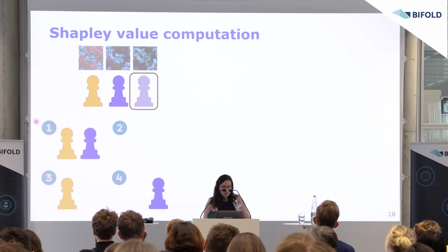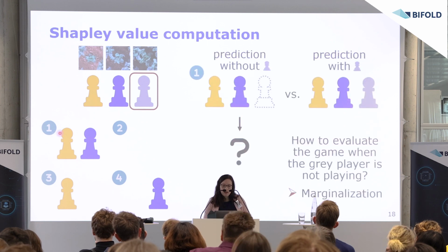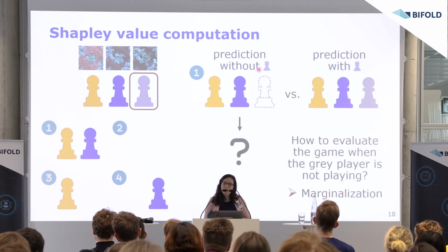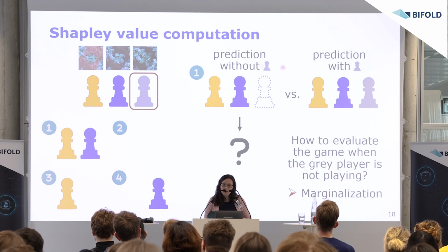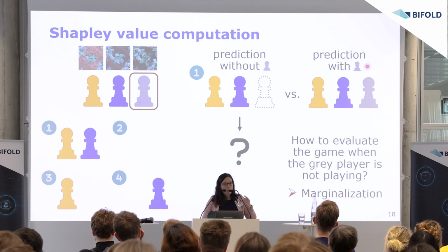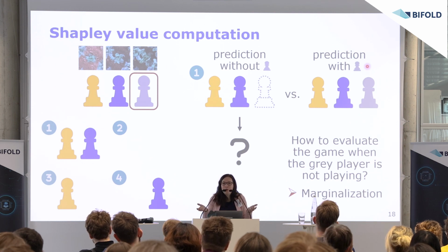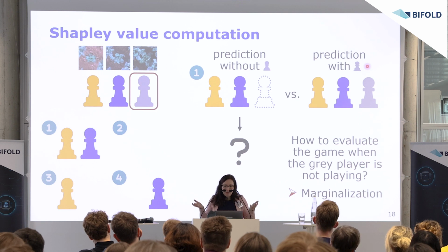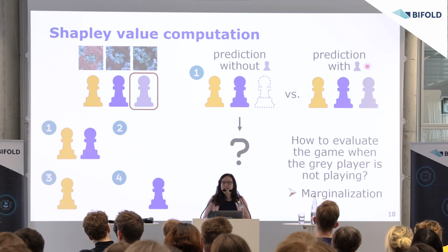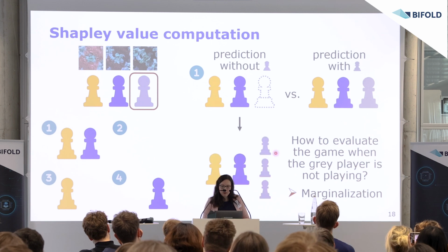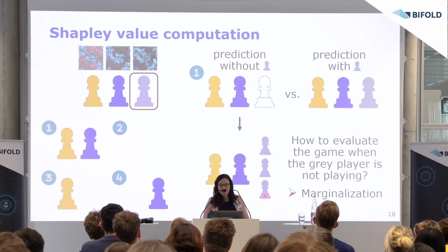So let's have a look at the first one, how the contribution is actually computed. You have once the prediction without the gray player and with the gray player. The problem is now you have a machine learning model. You cannot just take out something because otherwise you would need to retrain your model. So what to do? You can use marginalization. Marginalization means you just use typical values from your data set.